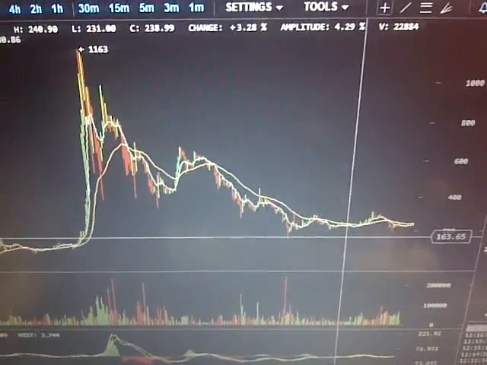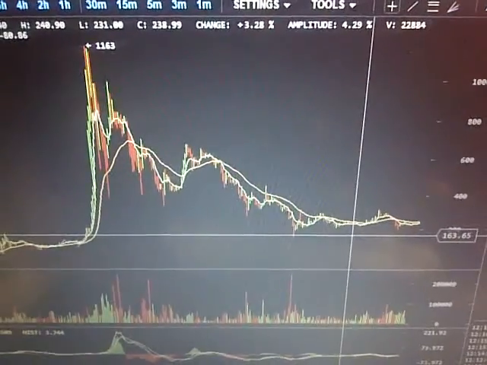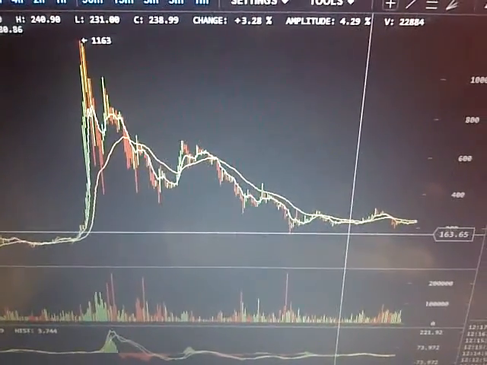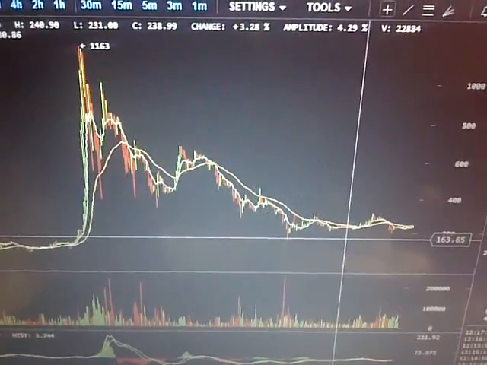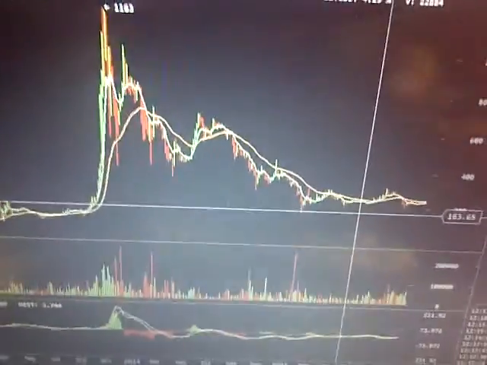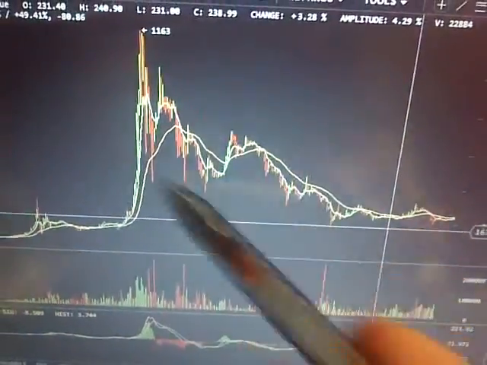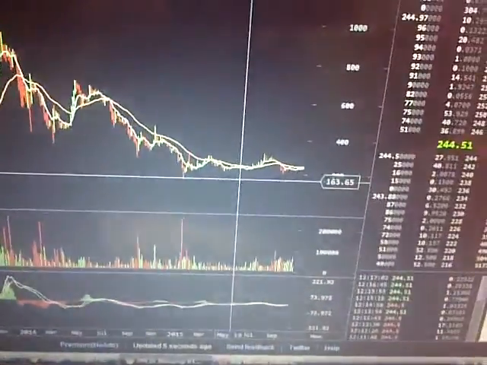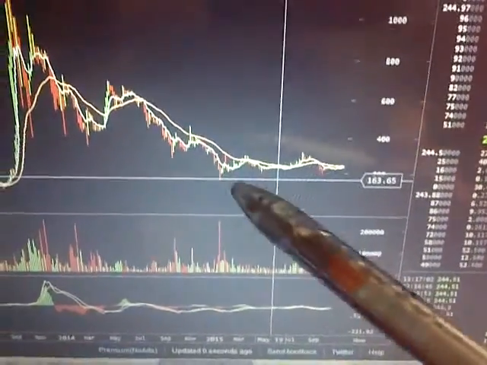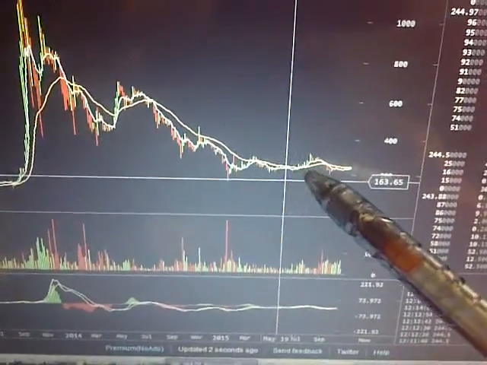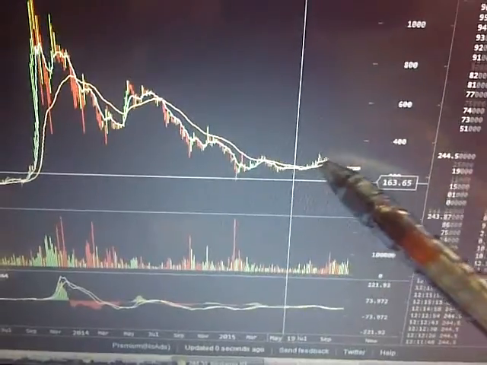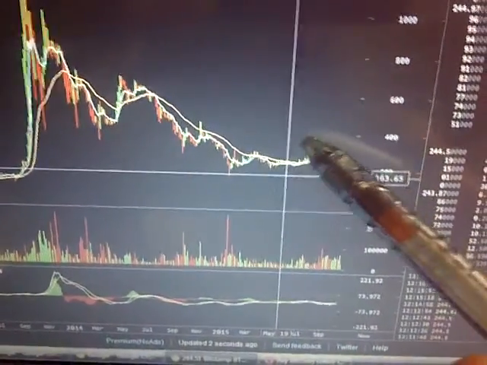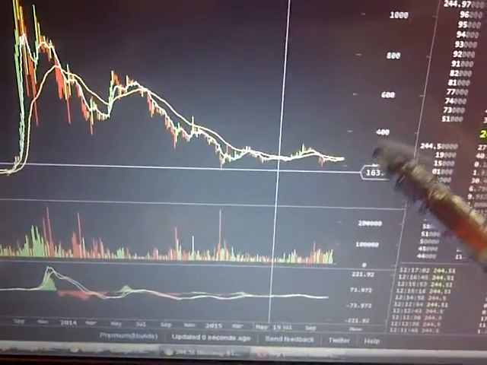And especially at lower prices, it's way easier to get more Bitcoins than at these higher prices, around here. So it's still not too late. I think it's going to be here for a while. It's going to range in here for a while. Slowly, it's going to make its way upwards.